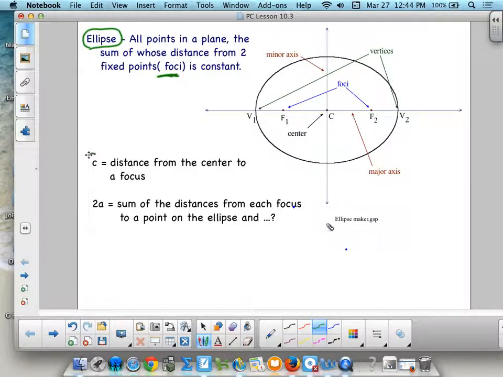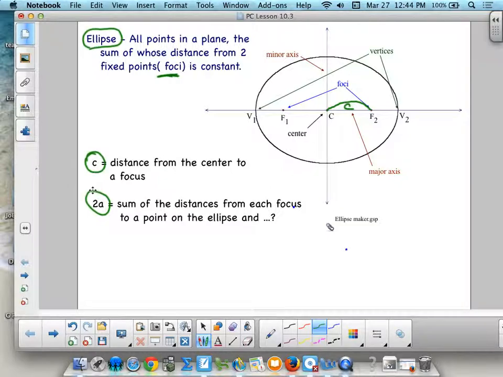All right, the letter C is the distance from the center to the what? You reading with me? Okay. From here to here. From here to here is how far? C. That C in the middle, that's the center of the ellipse. Okay, 2A. What's 2A?